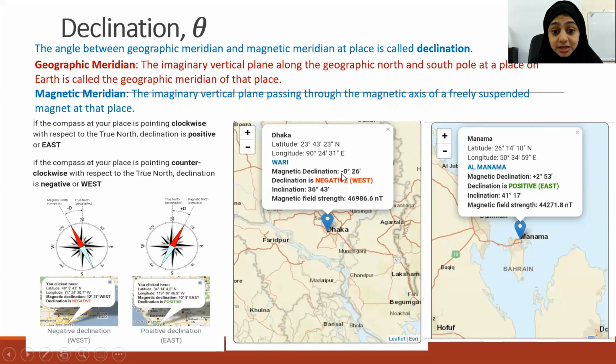What does that mean? Will it be counterclockwise or clockwise? Anti-clockwise. Yes, negative means anti-clockwise, or you say that the declination is towards the west.